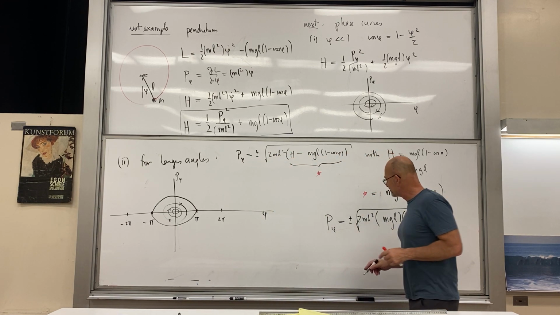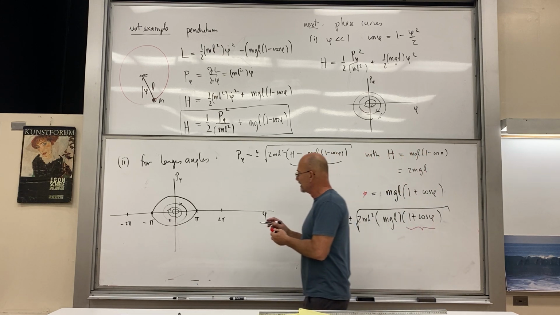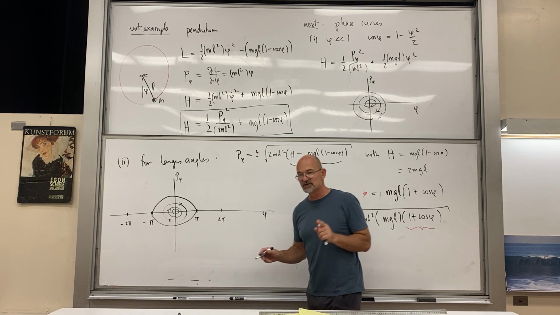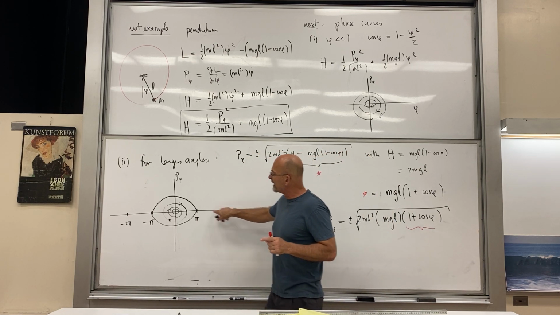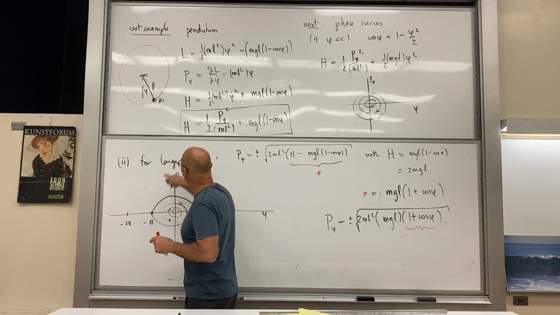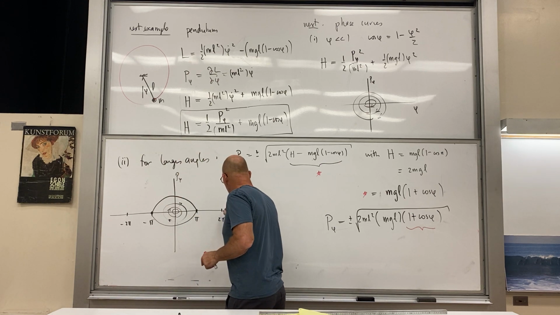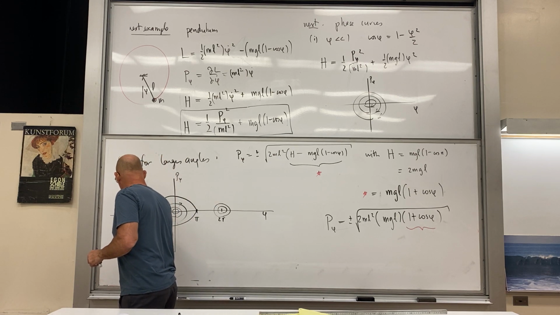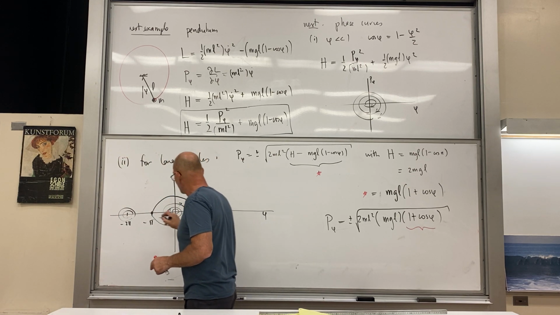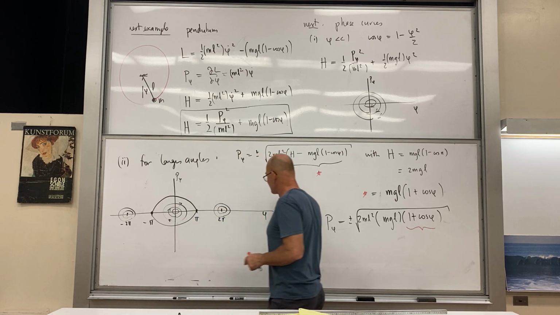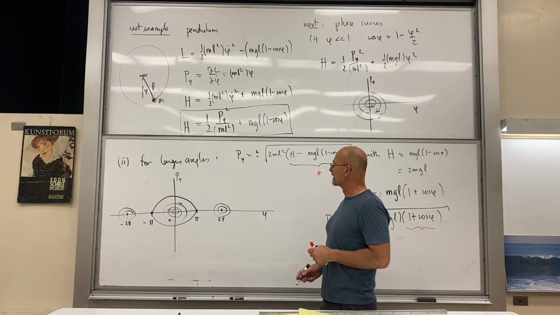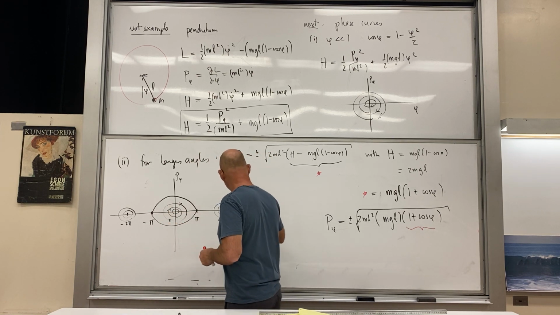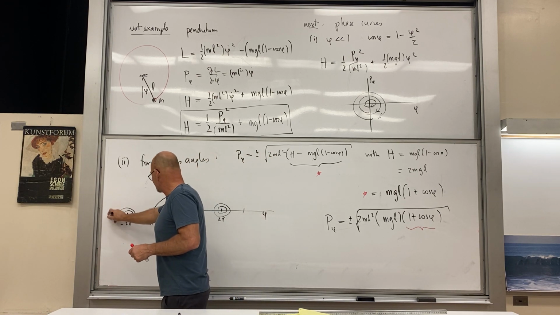If you give this thing a little push, actually before talking about giving a little push, you notice I've got 2 pi and minus 2 pi. Well, if we just turn this pendulum around one time, we're just repeating ourselves over here. So the stable equilibria are 0, 2 pi, minus 2 pi, 4 pi, etc. The unstable equilibria are pi and negative pi. You could say 3 pi and negative 3 pi.